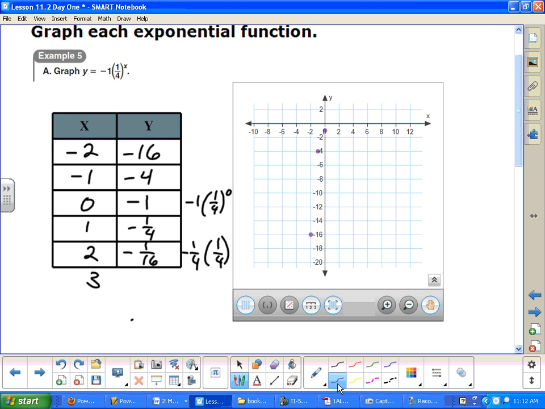So 1, negative 1/4, 2, negative 1/16. So this graph's going to look like this. Very steep. But notice where are all the number answers at? They're all negative because our value of A is negative.